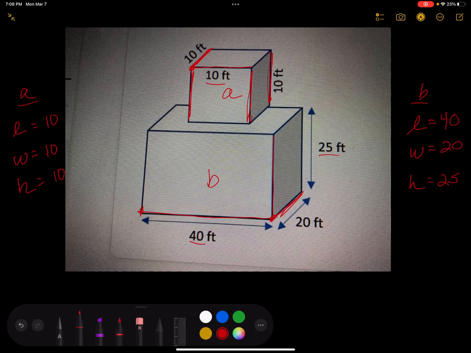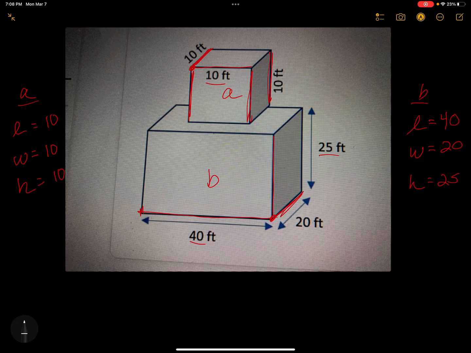So let's do the volume of each one of these. We're going to do 10 times 10 times 10, and that's going to give us 1,000. And then we will do 40 times 20 times 25, and that's going to give us 20,000.